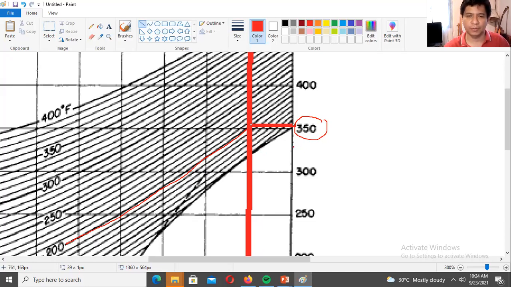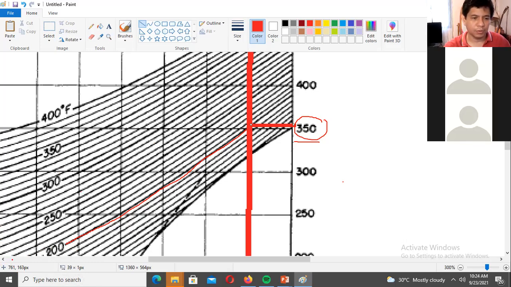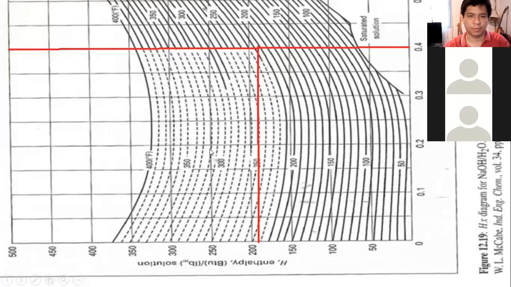So sa libro, kay Banes, 350 yung reading niya. So ayan, malapit naman. Sunod.